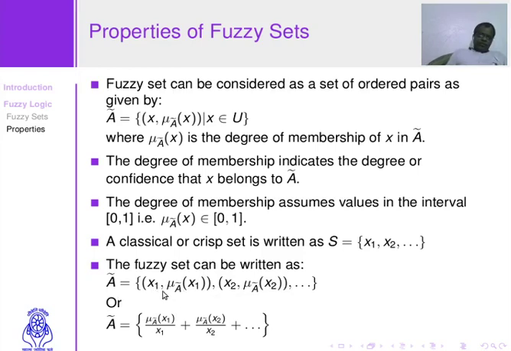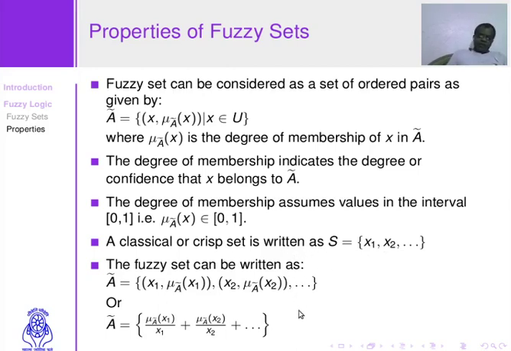The first entry is a pair of x1 and its degree of membership mu A(x1). Then the second element x2, its degree of membership mu A(x2), and so on. So in this way we write a fuzzy set. These pairs are enclosed within the brackets, in the same way we enclose the elements in case of a classical set.